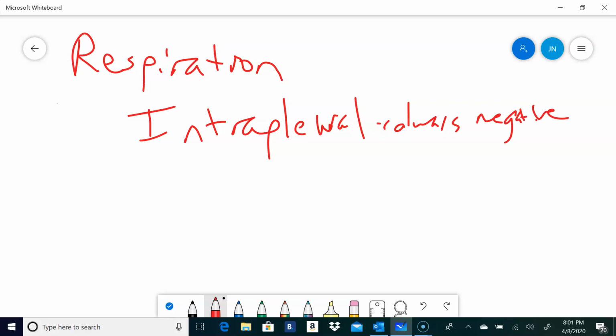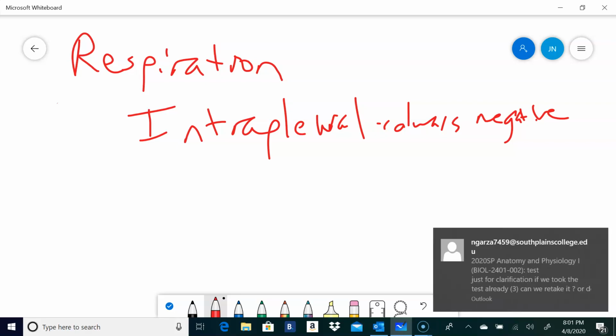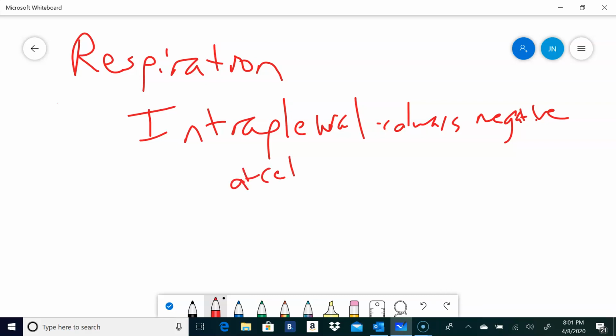This is what keeps the lungs inflated. If this ever equalizes with atmospheric pressure, the lung collapses. Lung collapse is called atelectasis. Atelectasis is collapse of the lung.